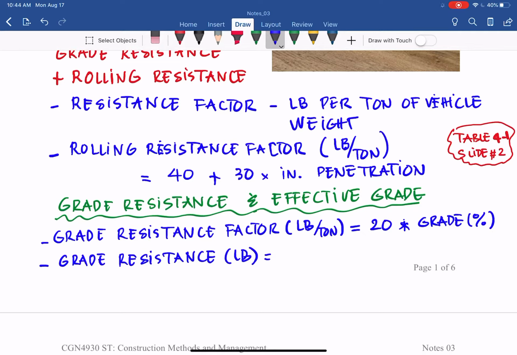The first one is equal to the vehicle weight, and for vehicle weight in the first equation it is measured in ton, and then we times the grade resistance factor, the grade resistance factor that we just determined.